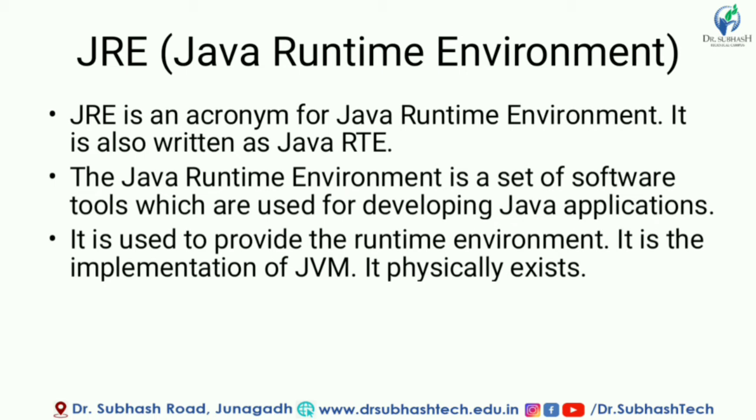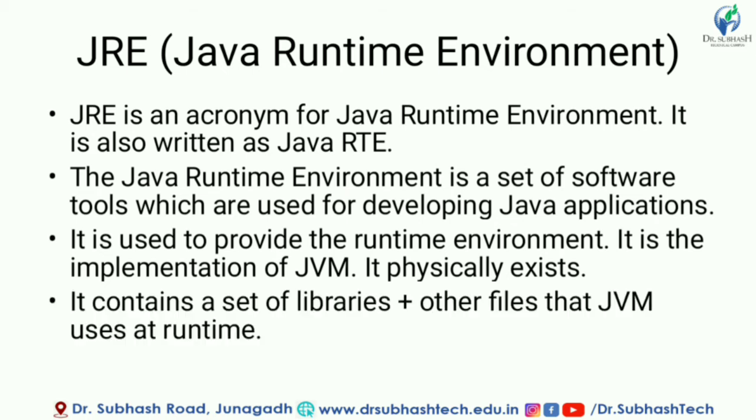The JRE provides a particular environment for the Java programs, and it contains the JVM for the execution of the programs. It contains a set of libraries plus files that the JVM uses at runtime. It means we can say JRE contains JVM plus the set of libraries and the files which will be used by the JVM.